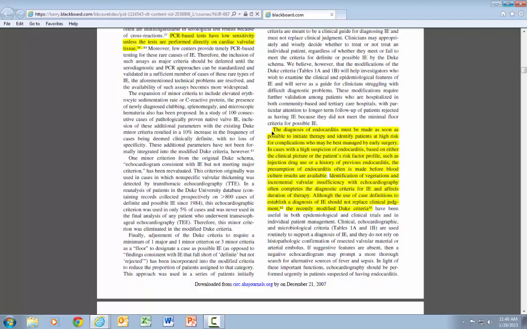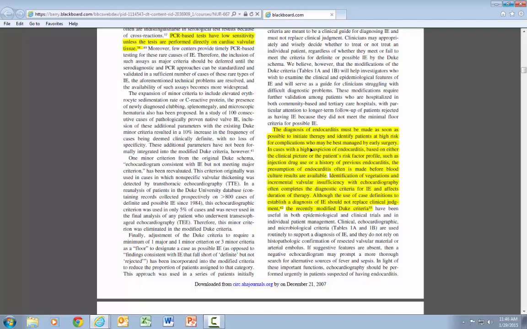The diagnosis of endocarditis must be made as soon as possible to initiate therapy. So as soon as you have a very high suspicion of endocarditis based on clinical picture, even though you do not have complete definitive criteria by Duke's, you should start antibiotic therapy.